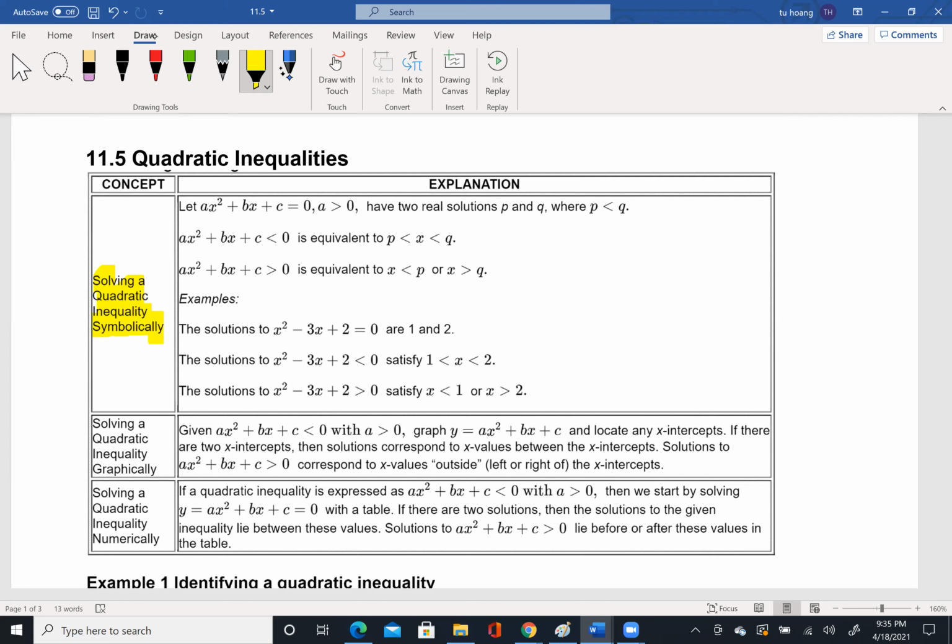So for this symbolically, usually if you have a quadratic inequality, you're gonna let the quadratic form equal to 0.